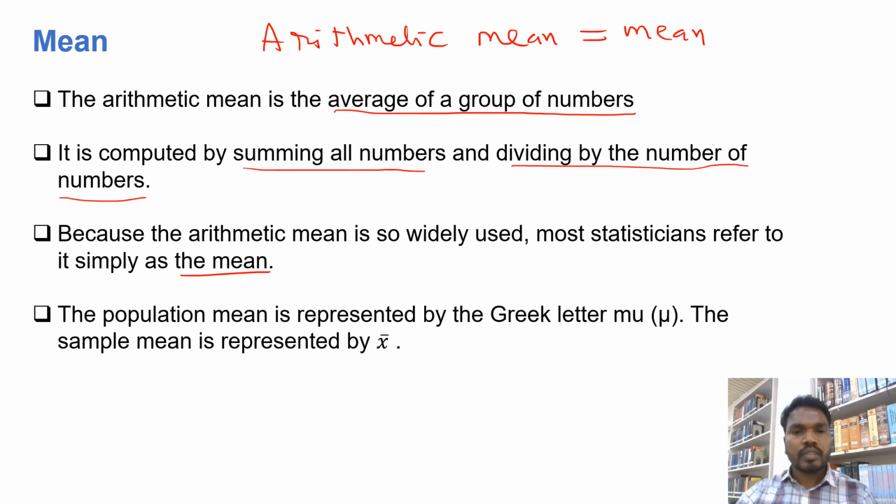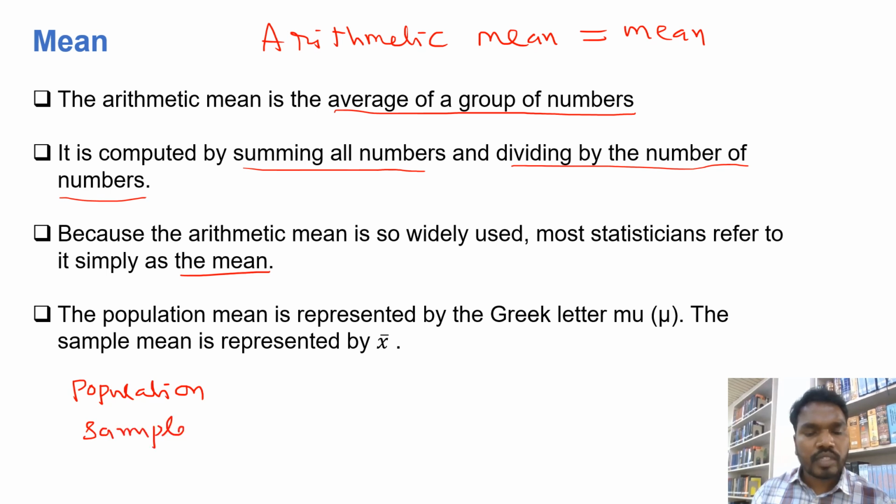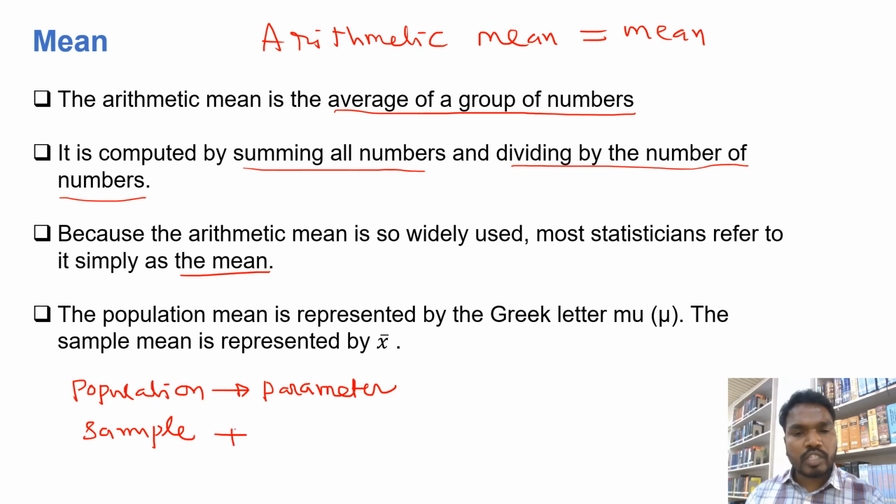Clear? So as I said in one of my earlier sessions, statistics has two types of data. One is population data and the second one is sample data, right? The measures of central tendency we find for the population are called parameters, and the corresponding ones for the sample are called statistics, right?